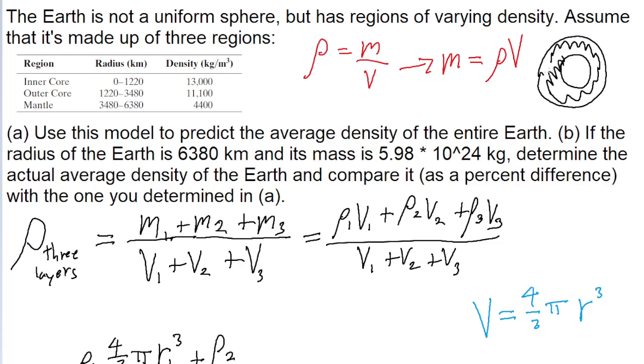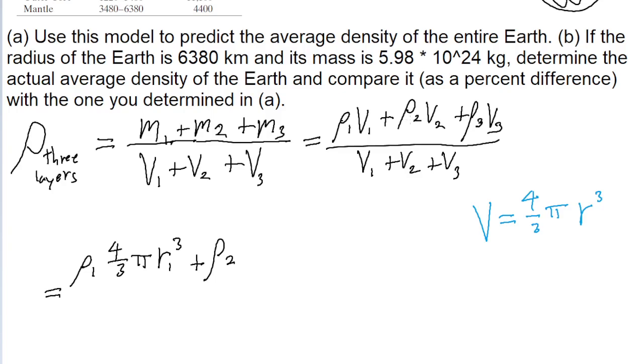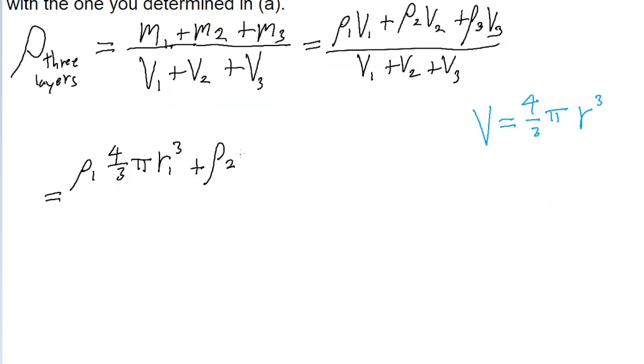Fortunately, though, the formula for just the outer layer is pretty simple too. It's basically just the sphere equation again, except we're subtracting the cubes of the two radii. So instead of just writing 4/3 pi r2 cubed, instead we write in parentheses r2 cubed minus r1 cubed. And that'll work. That is our formula for the volume of the outer core layer.